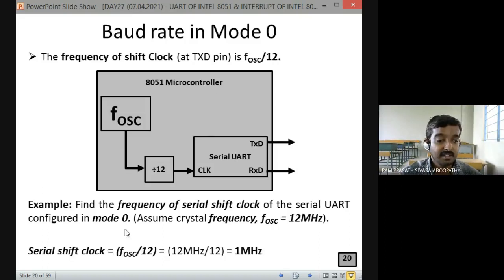So the frequency enna varum appdin pathina, FOSC divided by 12. That means 12 megahertz divided by 12, that is equal to 1 megahertz. So this is the baud rate. This is the frequency at which the TXD pin is generating the clock pulse.